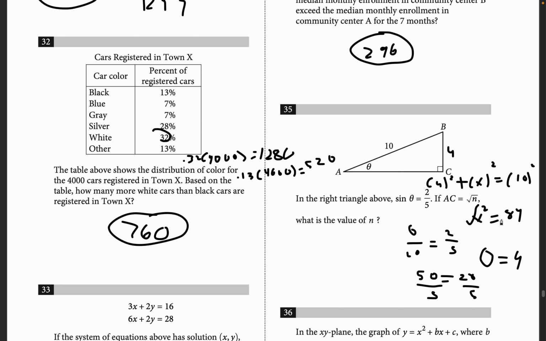We get AC is equal to the square root of 84. So the square root of 84 is the square root of n, so n is 84.